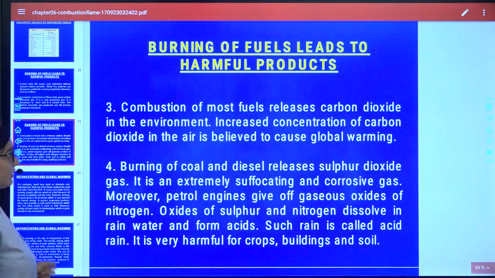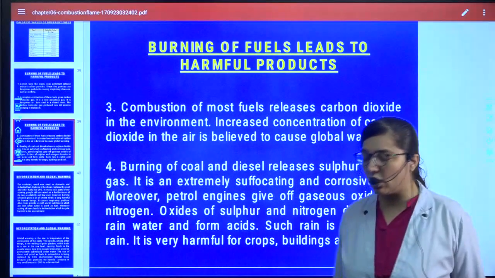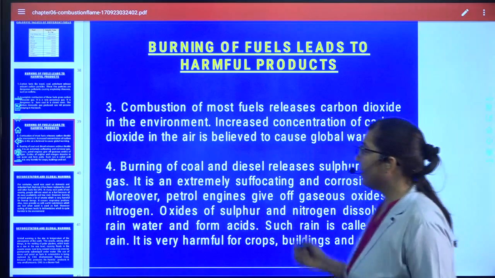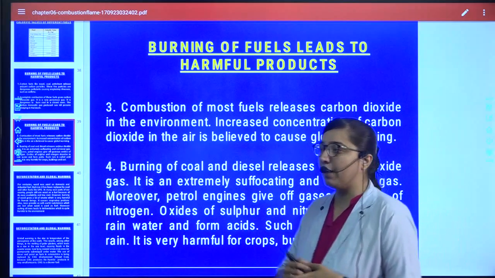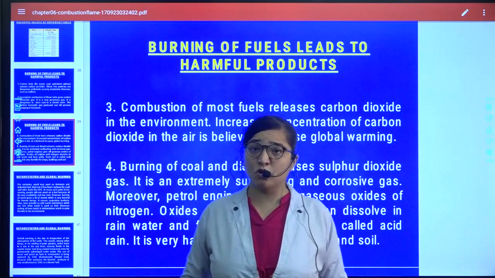The next particular thing is combustion of fuels. We know that it releases carbon dioxide along with it, and the amount of carbon dioxide is going on increasing. Every year in the summers the temperature is going on increasing.